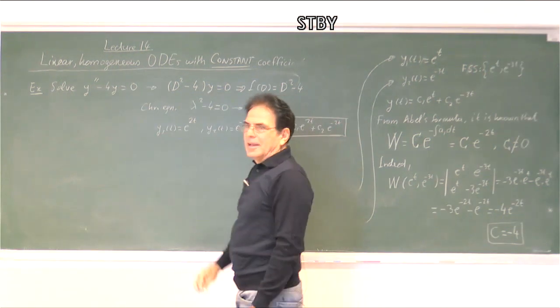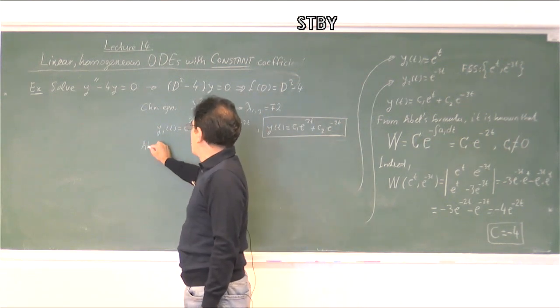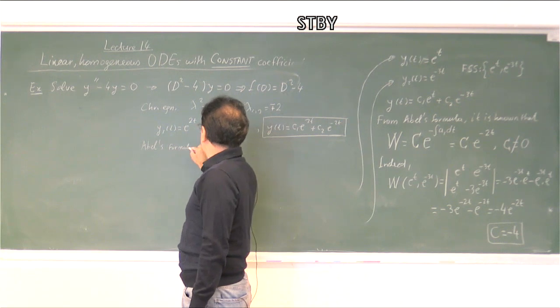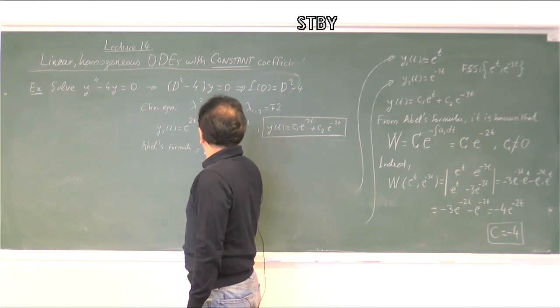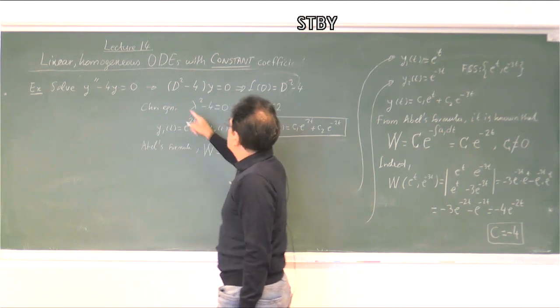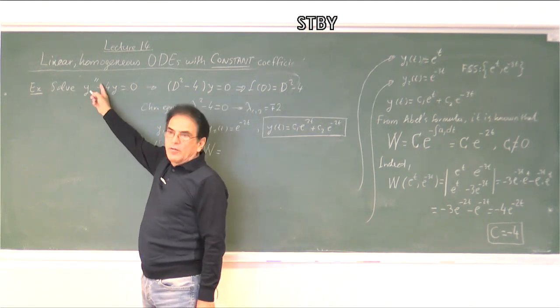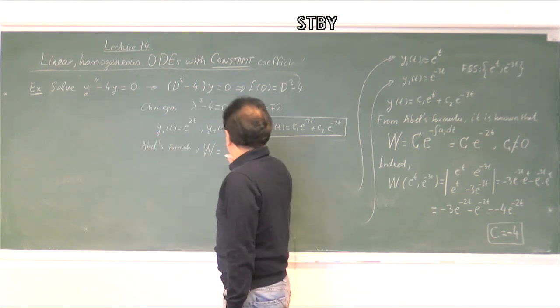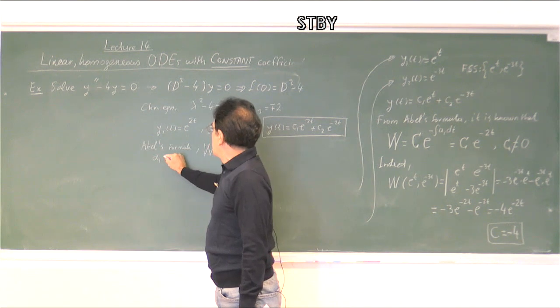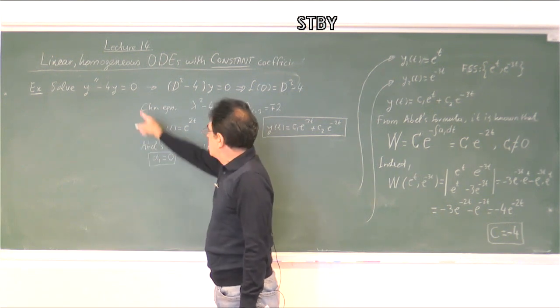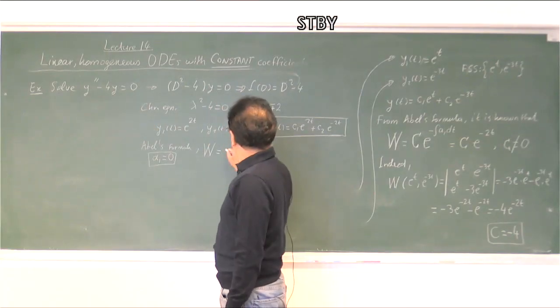Good. In this case, let's check Abel's formula again. Abel's formula tells us that omega is e to power the integral, look, the coefficient of y prime is 0 in this case. So in this case, a1 is 0, in the second order ODE.